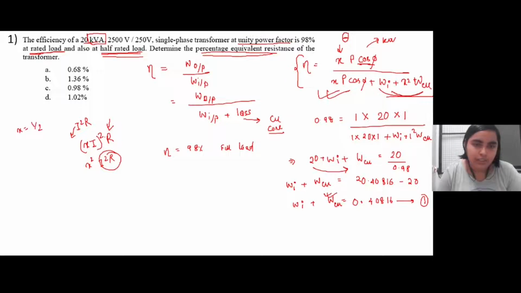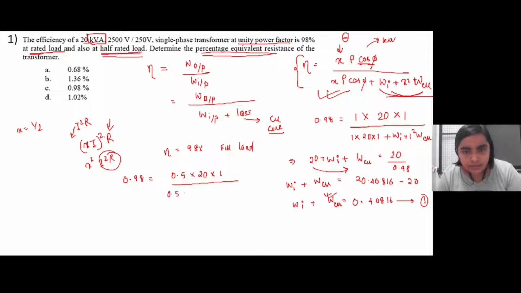1 by 2. So again for the next equation we have 0.98 is equal to 0.5 times P, which is 20 kilovolt ampere, cos phi is 1, divided by 0.5 into 20 plus the iron loss, which will be the same, only the copper loss will now change.